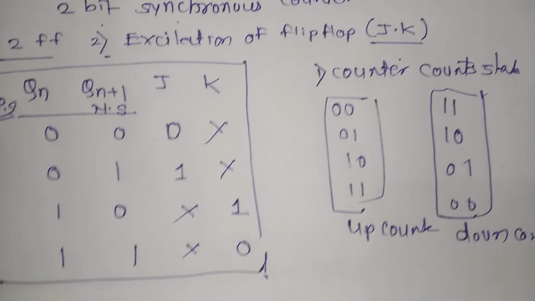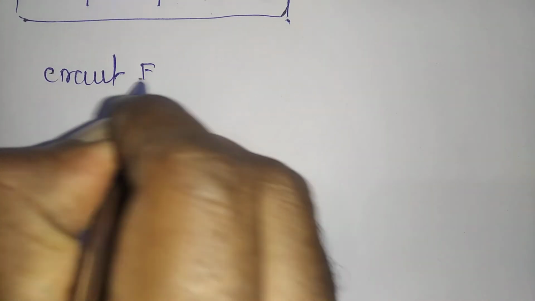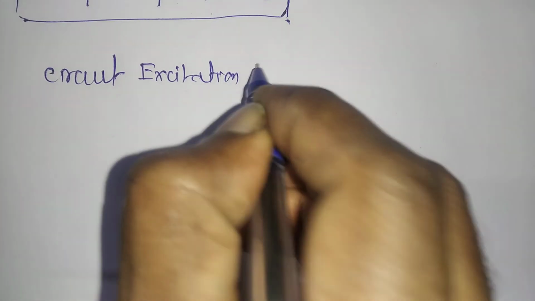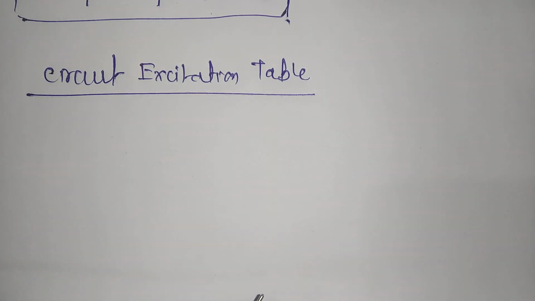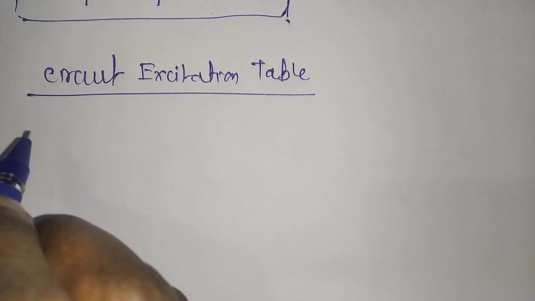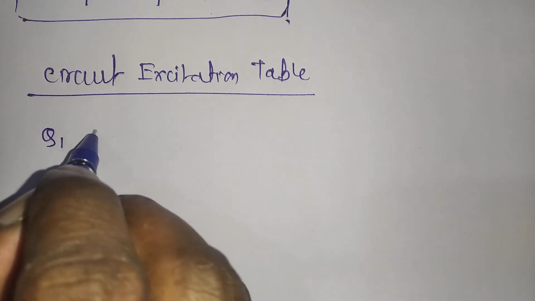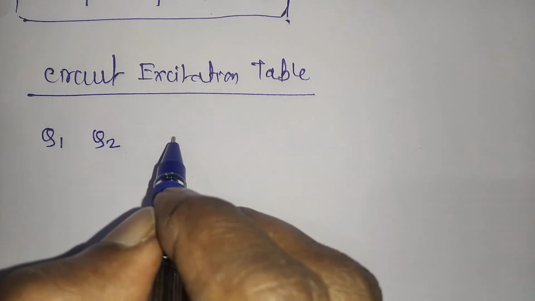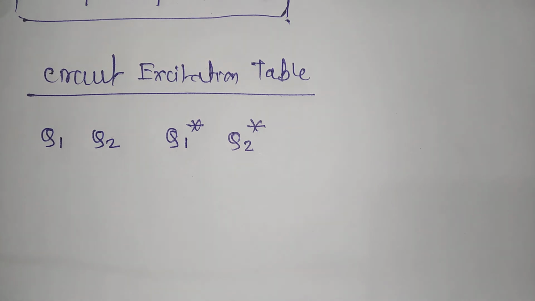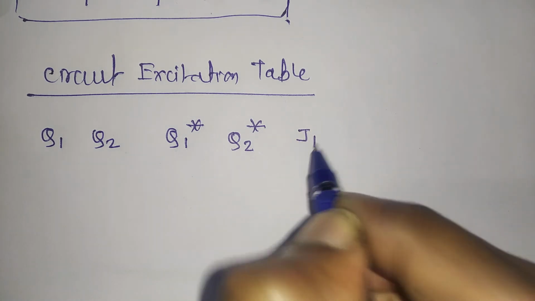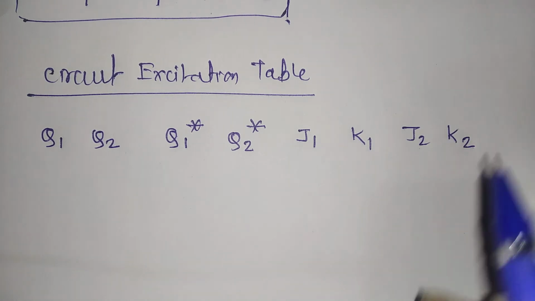Then step number 4 is we have to use the circuit excitation table. The circuit excitation table uses Q1, Q2, which are the present state, then Q1 star and Q2 star, which are the next state, and we have J1, K1 and J2, K2.